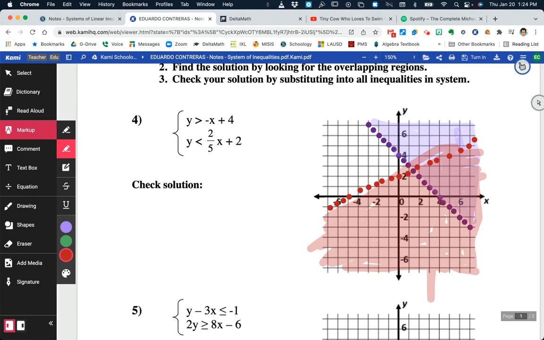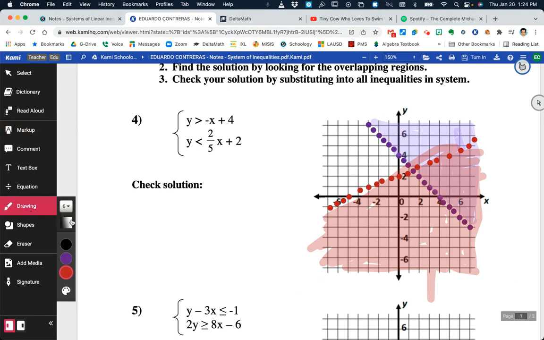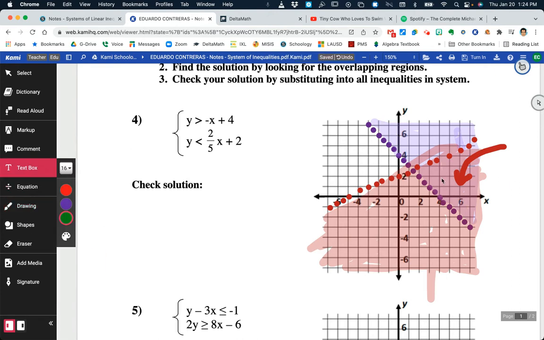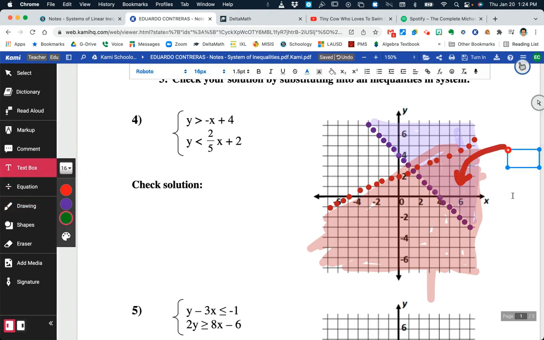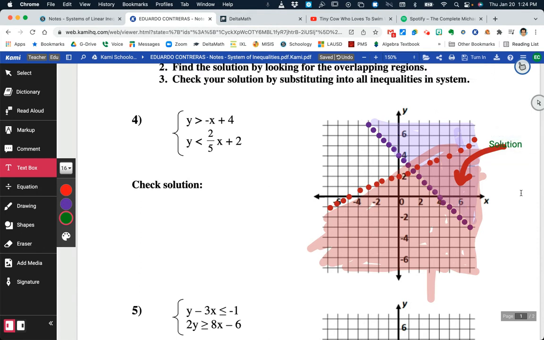I'm going to use my freehand draw. So the solution is right here. This is the solution where both of them overlap.